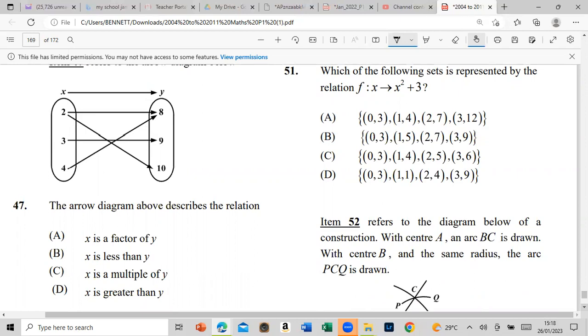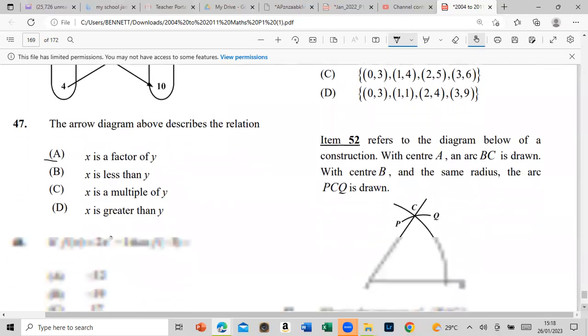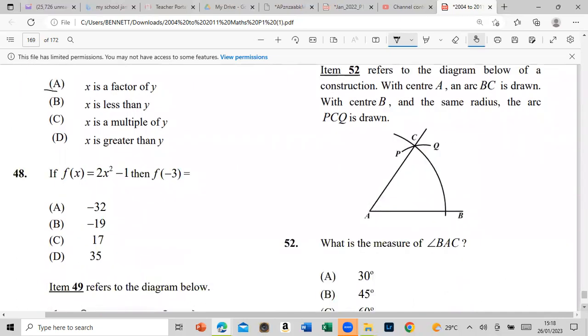X is a multiple of y, that's not correct. X is greater than y. So x is a factor: 2 is a factor of 10, 3 is a factor of 9, and 4 is a factor of 8. I've seen them give that question, but turned around. Guys, don't depend on memory.